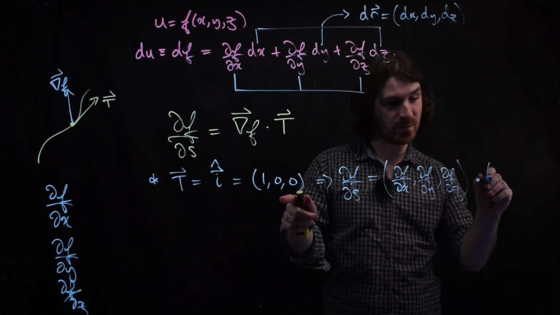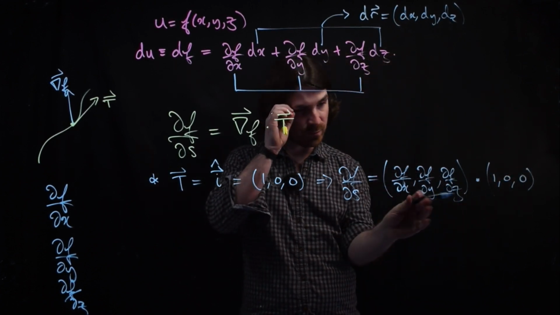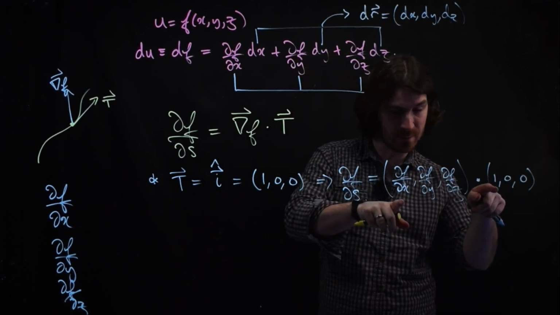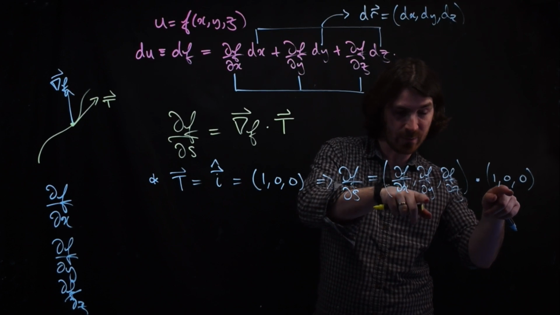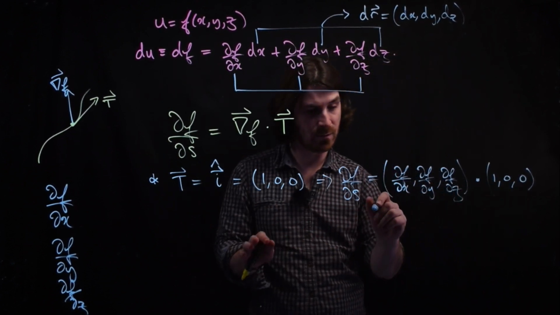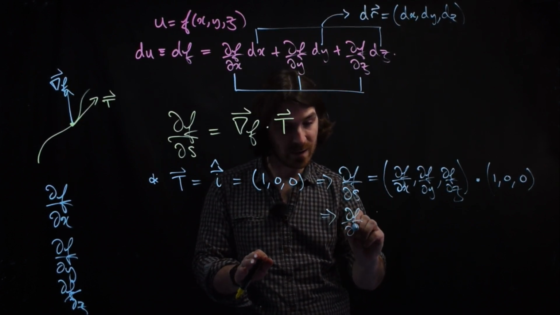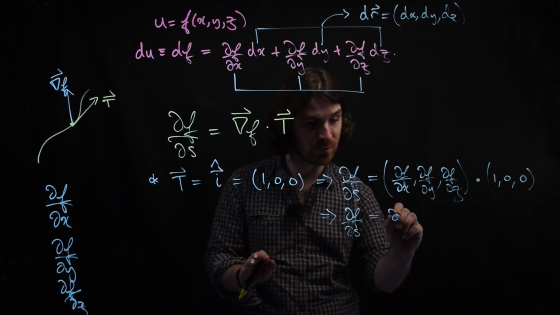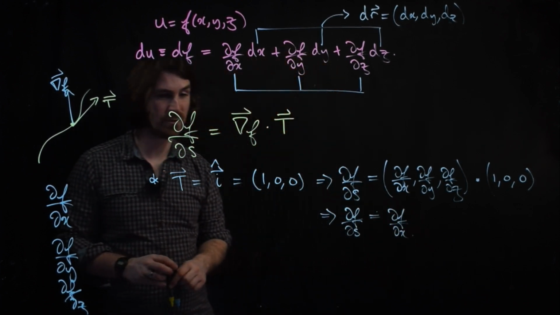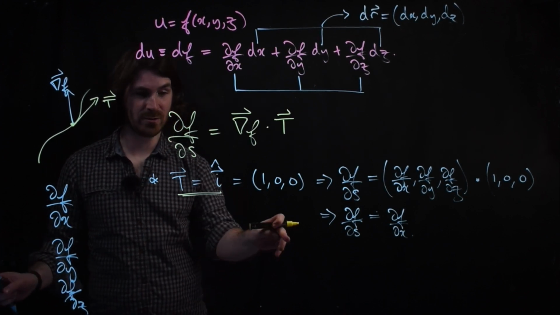And in this case, the tangent vector is just 1, 0, 0. So if we take the dot product of this with this, then we get df by dx times 1, and then df by dy times 0 plus df by dz times 0. So the answer is that df by ds in this case is equal to df by dx, as we expect it should be, because we've chosen to move in the x direction.